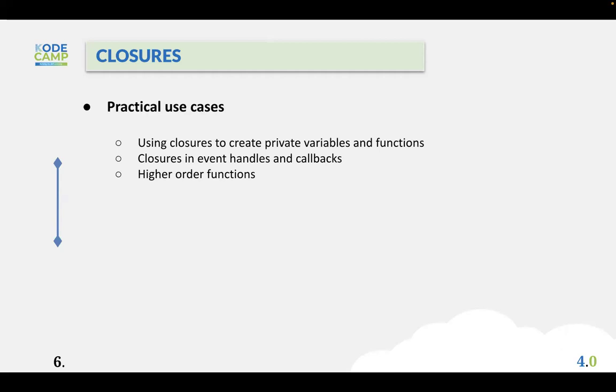But in the callbacks with preserved state, everything is in the docs. You can go ahead, play with it. I'll just try to give you some examples so you can understand what's going on. So using closures to create private variables and functions, create closures in event handlers and callbacks, and higher order functions.